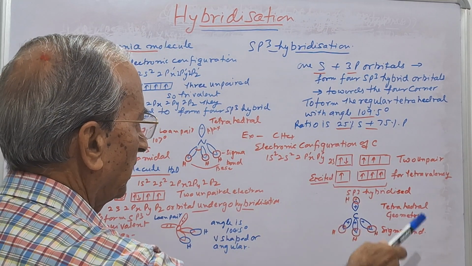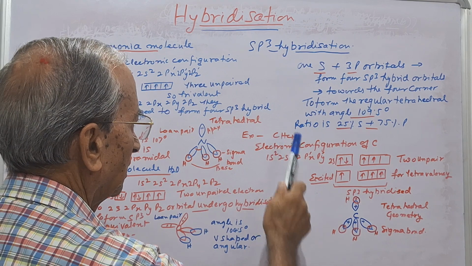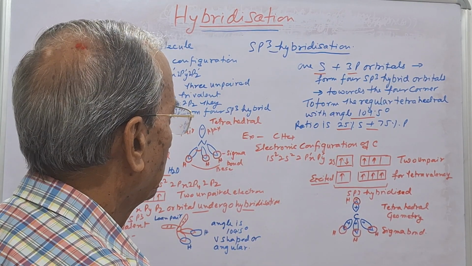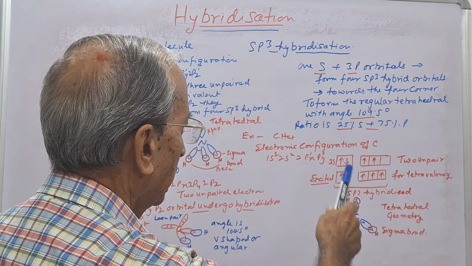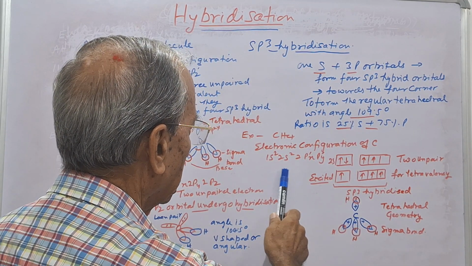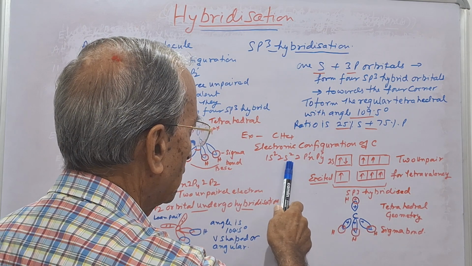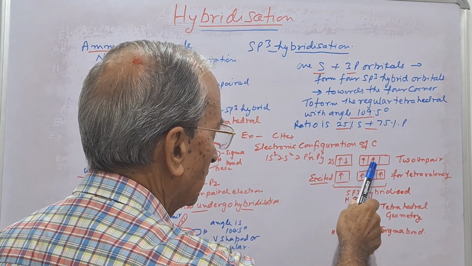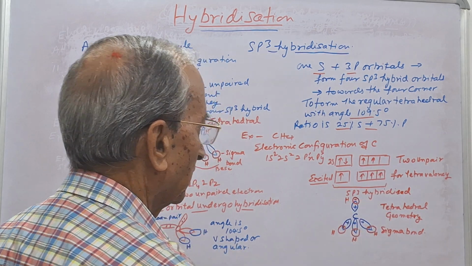This can be explained by taking an example of methane, that is CH4. Here, if we see the configuration of carbon, that is 1s2, 2s2, 2px, 2py, that is two electrons in the p orbital.